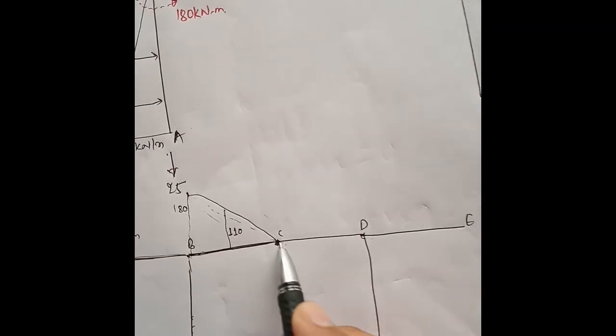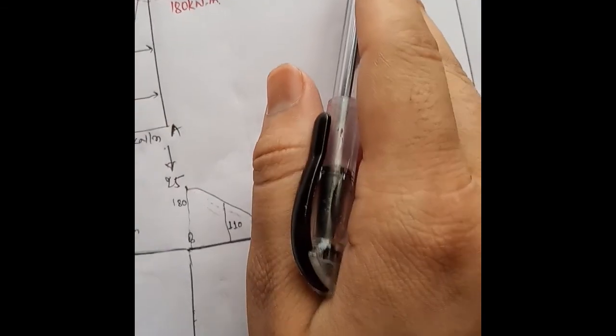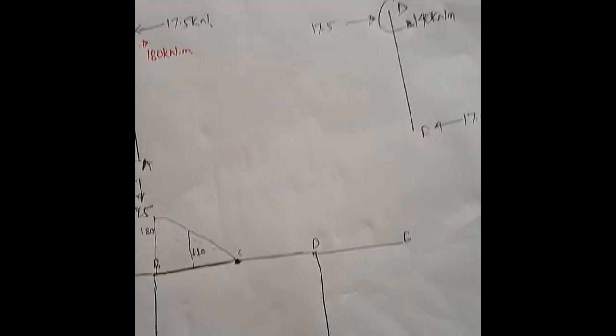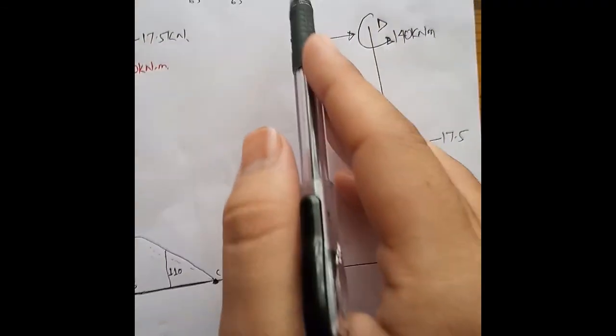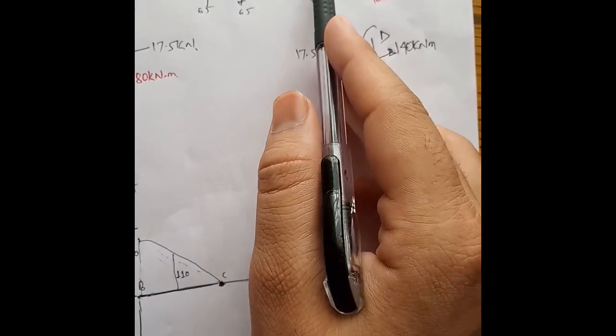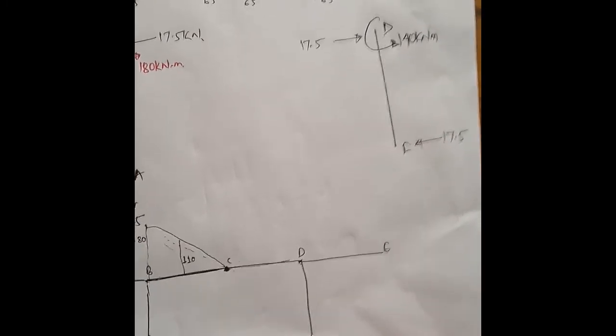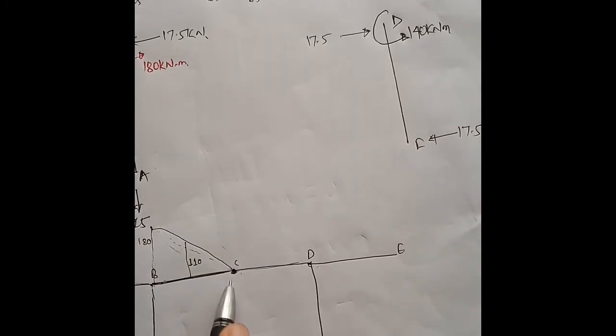Likewise in section CD you have 260 kilonewton meter. This 260 kilonewton meter is actually balancing clockwise, but we should draw it anti-clockwise, so 260 shall be here.